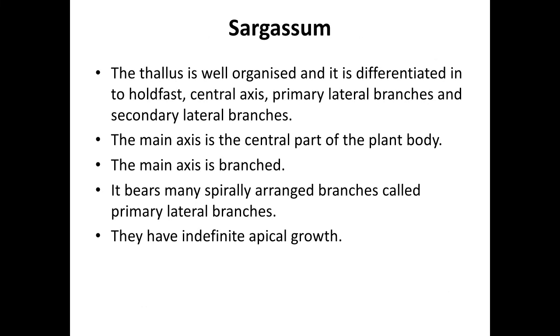The main axis is the central part of the plant body. The main axis is branched. It bears many spirally arranged branches called primary lateral branches. They have indefinite apical growth.